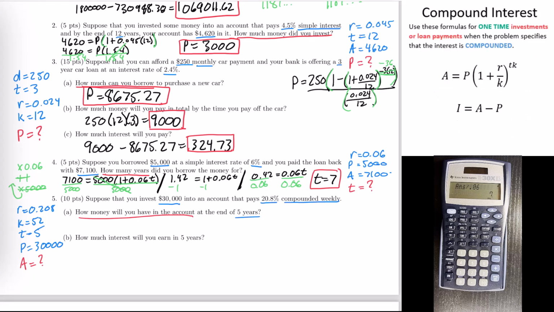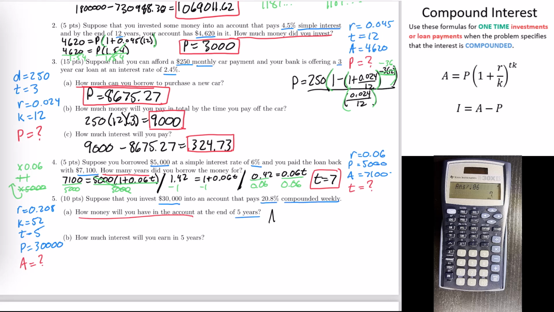In the compound interest formulas, the one that's going to be helpful is the first one, because we weren't given the interest and we're asked to find A. Since we know what P is, the first formula is more helpful.